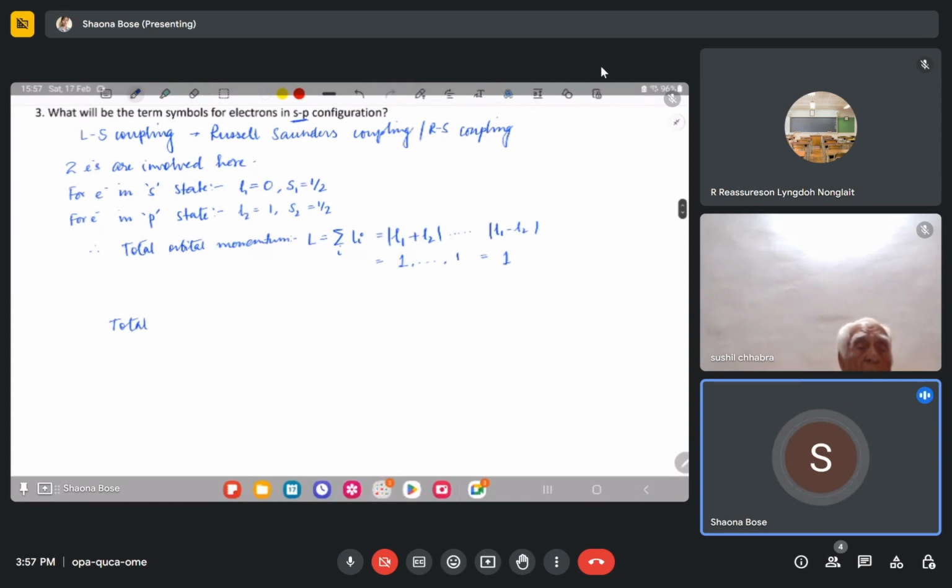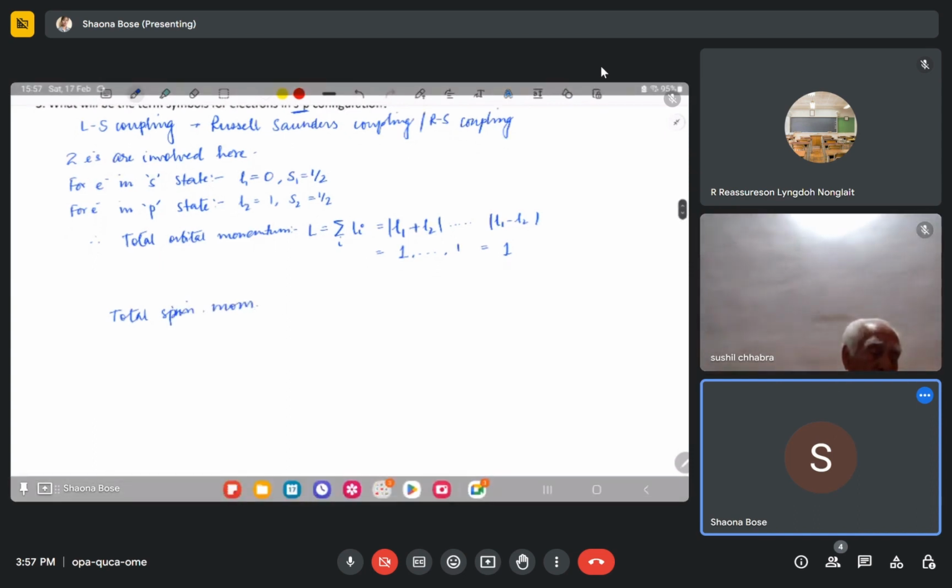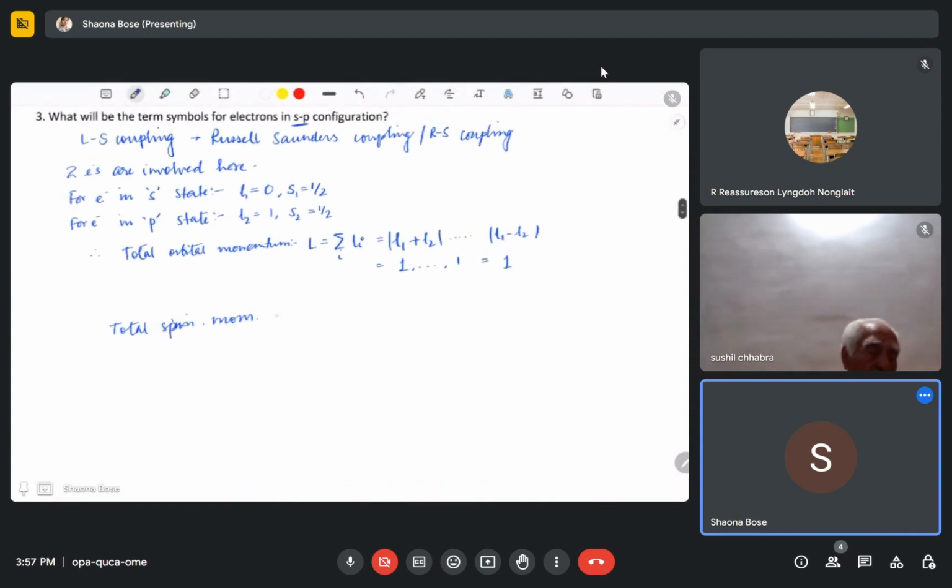And S, total spin angular momentum. Sum over Si, that is S1 plus S2, S1 minus S2, absolute values.